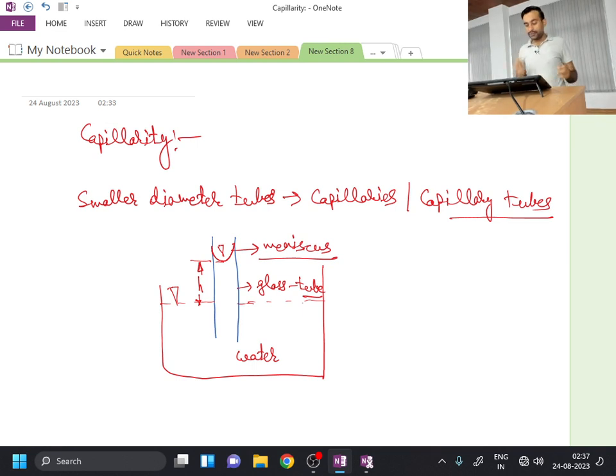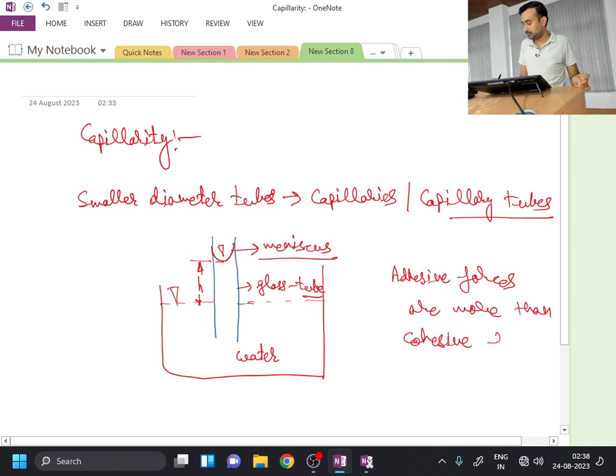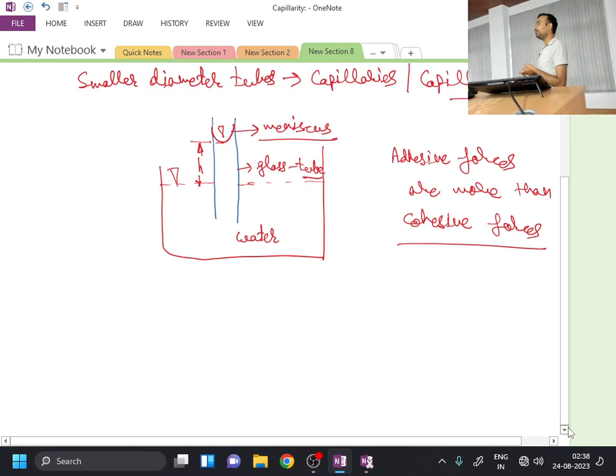Okay, so in this phenomenon, adhesive forces are more than cohesive forces. Okay, so if in a combination adhesive forces are stronger than the corresponding cohesive forces, then the water molecules will try to stick to the glass surface.